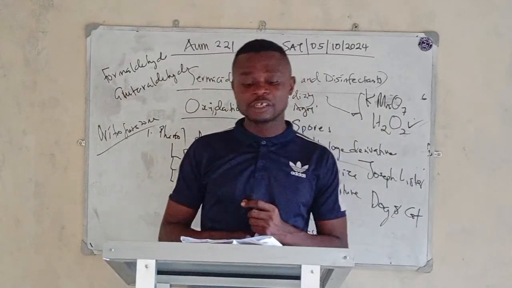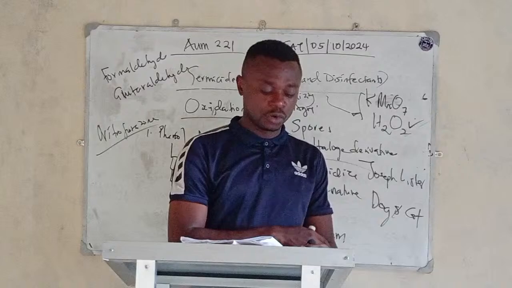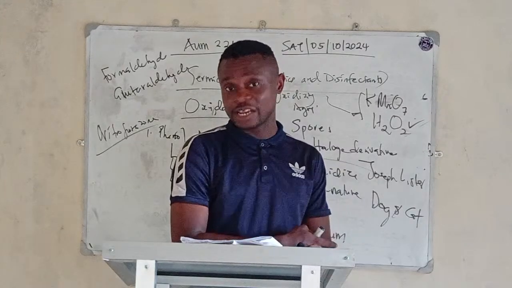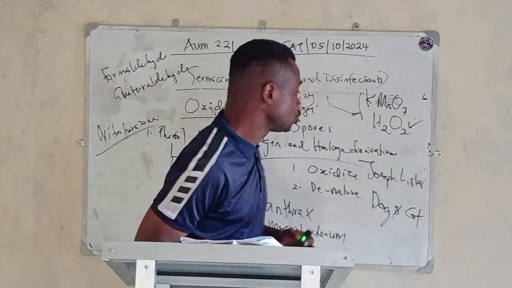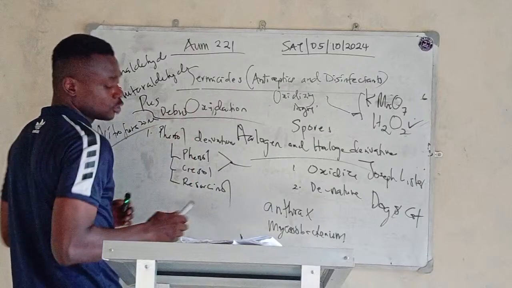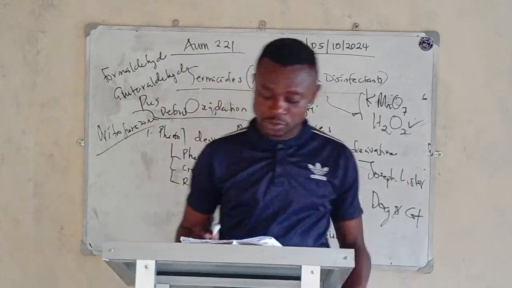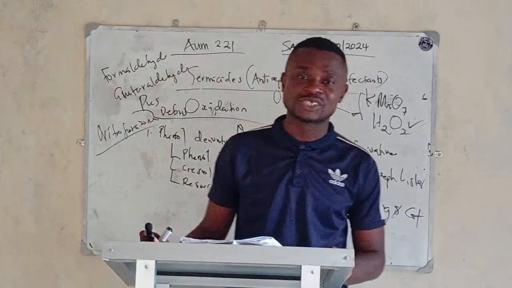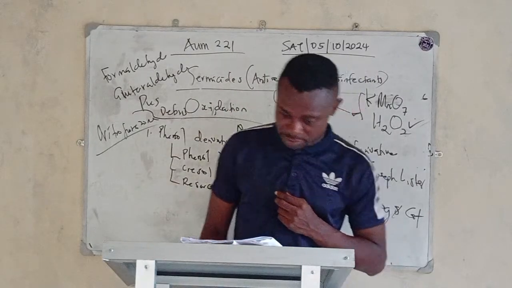A 3% solution of hydrogen peroxide is what a nurse uses to clear or dress the wounds of patients who come to the hospital. 3% hydrogen peroxide is used to clear pus and debris from wounds. Another use is sterilization of instruments used in dental surgery. Very important.